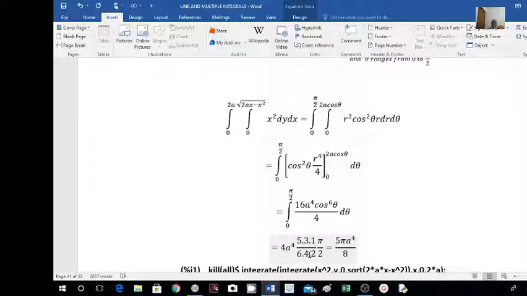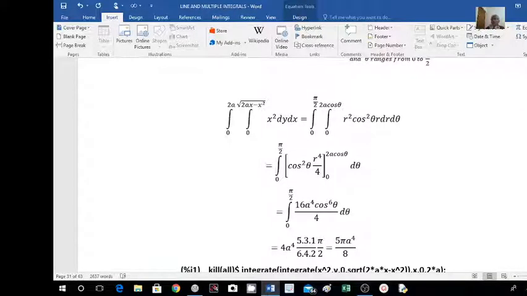I will stop at 2. If this number is even, then I have to write pi by 2 according to my reduction formula. If this is odd, then it is equal to 1. As this 6 is even here, we write pi by 2. Now after simplification, finally I am getting 5 pi a to the power of 4 divided by 8.